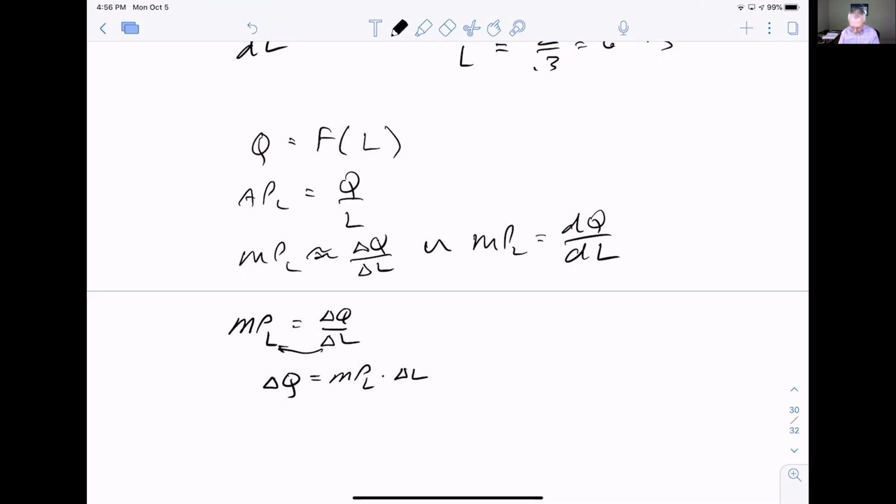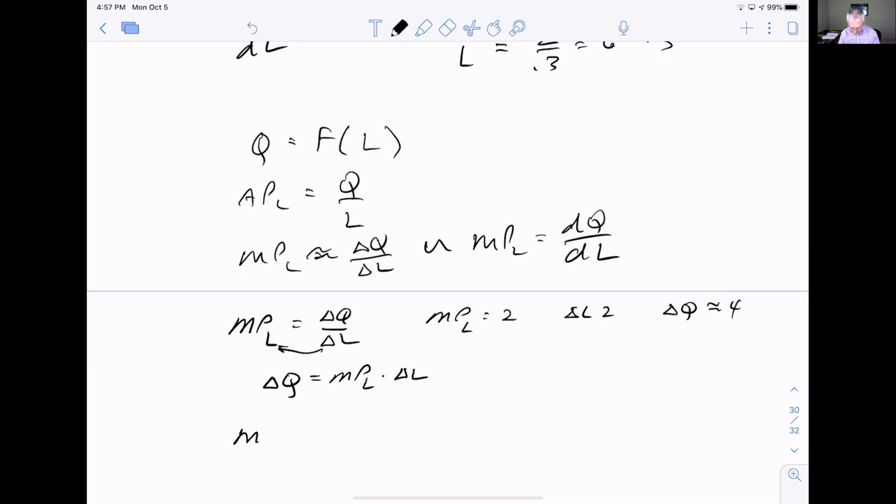So this says if marginal product of labor is 2, and I add 2 units of labor, I would expect to get about 4 additional units of output by virtue of each unit of labor producing 2 units. I add 2 units, I get that total of 4.